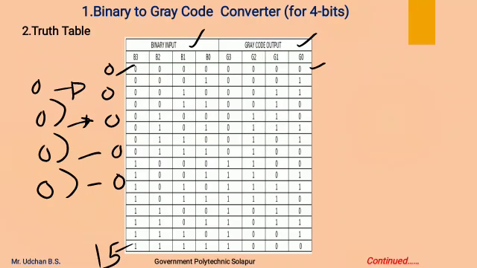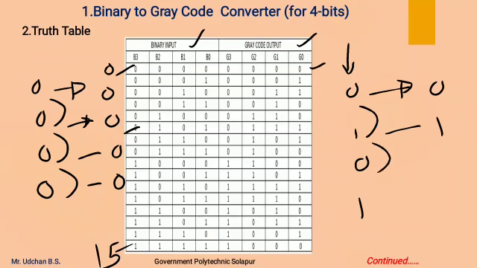Now if we take this input combination, 0 1 0 1, this is the binary input. Now we will convert it into gray. 0 stays 0, 0 plus 1 gives 1, 1 plus 0 gives 1, and 0 plus 1 gives 1.